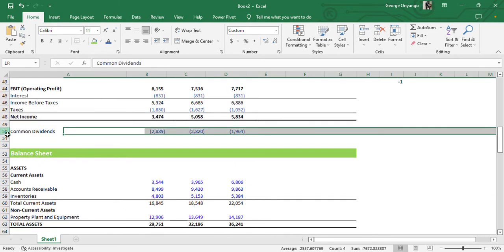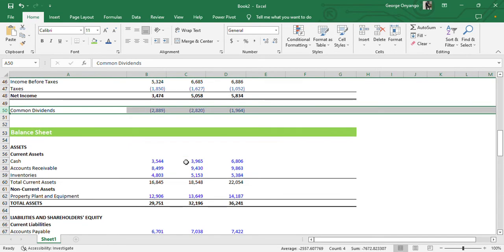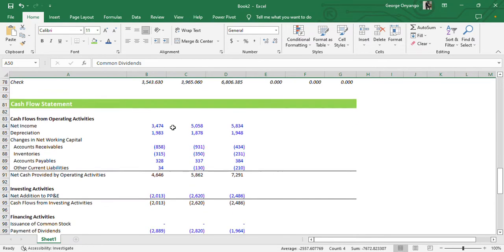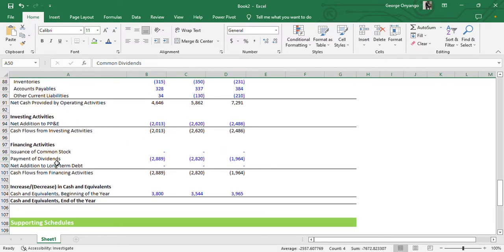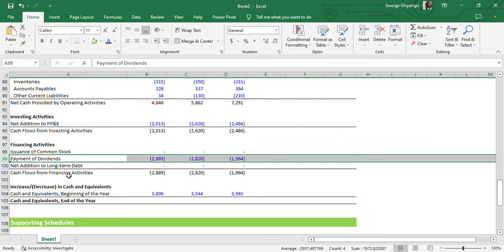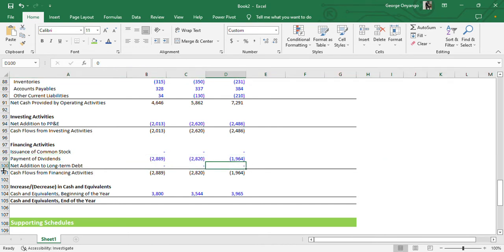As you can see, they give common shareholders their dividends in terms of the value shown here. So it means they pay the dividends, and for the net addition to long-term debt, as I told you earlier, this company for the last 2 years and the current year is not planning on taking any other debt, so they did not add any debt for these years.